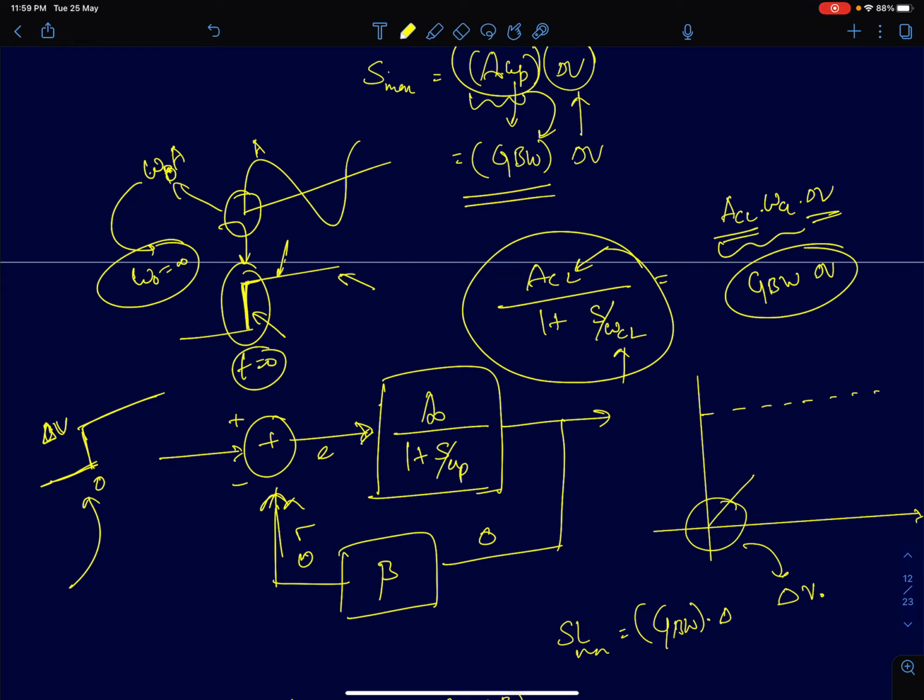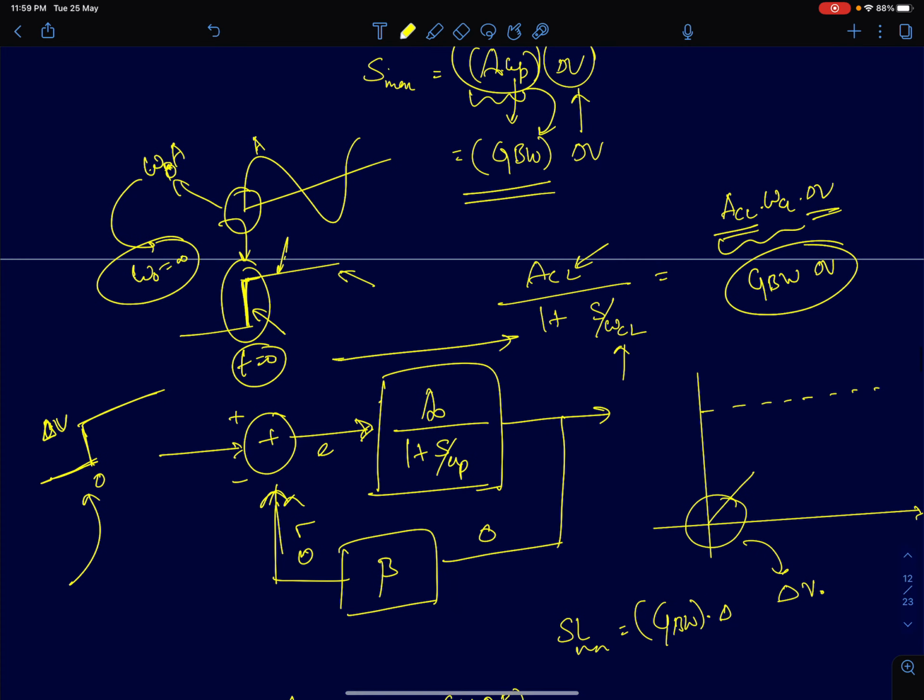At infinite frequencies, we know that the forward path gain is nearly 0. It's negligibly small. Since the forward path gain itself is small, multiplied by beta it's going to be even smaller. Which means the quantity being fed back is so feeble that I can ignore the feedback path and assume that the signal is directly traversing an open loop amplifier.